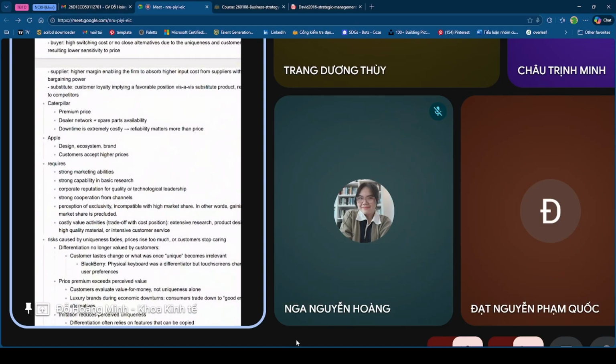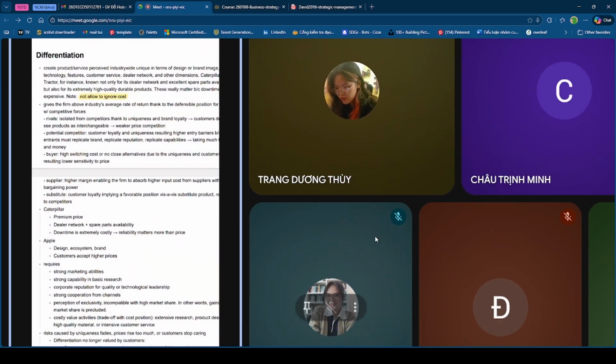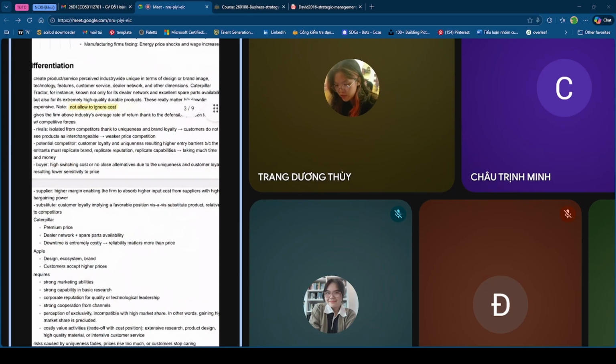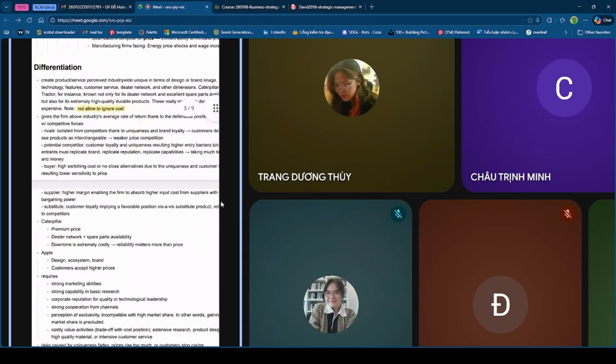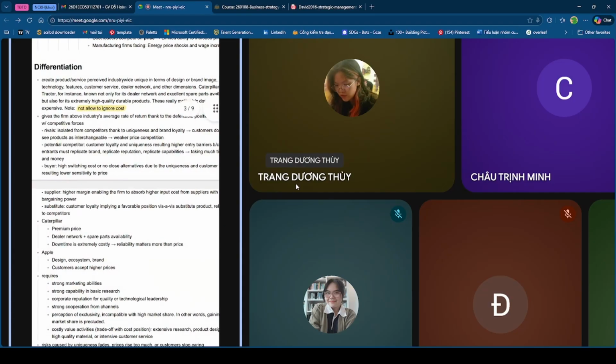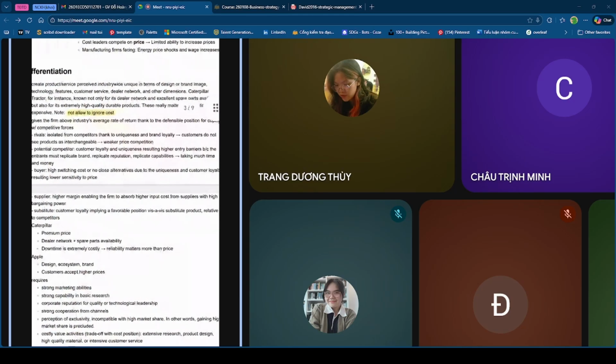The second advantage is when your product or service is perceived by the customer as unique across the industry, right? And the customer can distinguish your product from the competitor's product, right? Your firm has many opportunities to differentiate your product from the competitor's product.